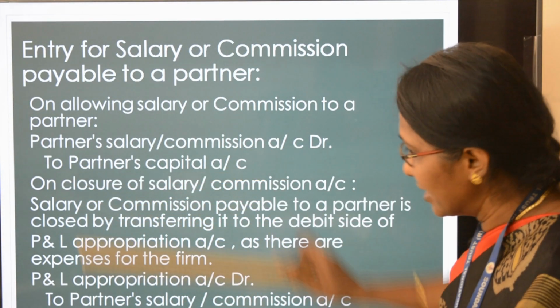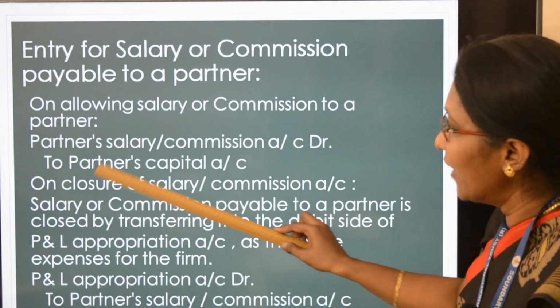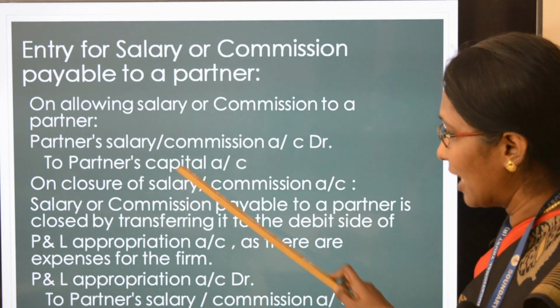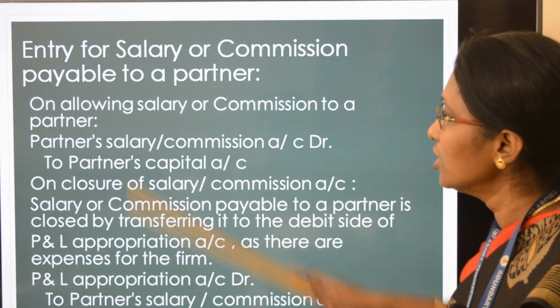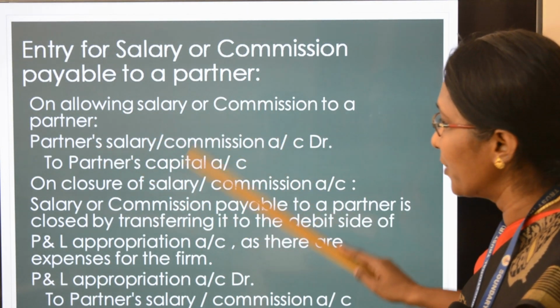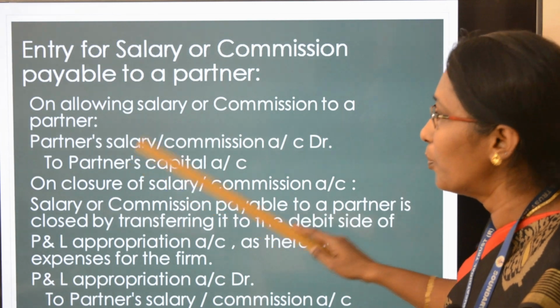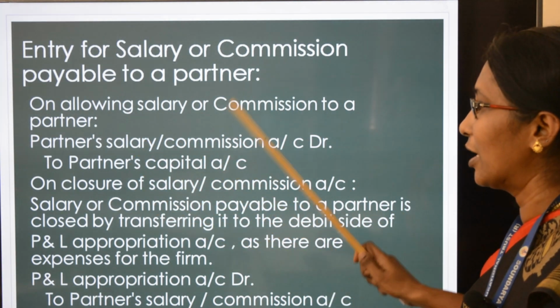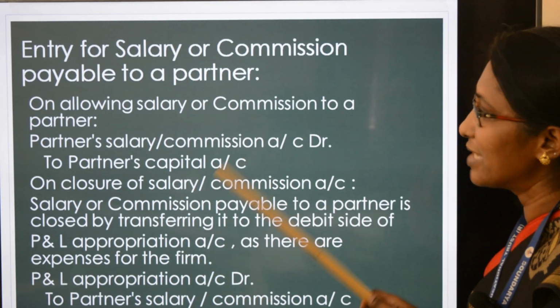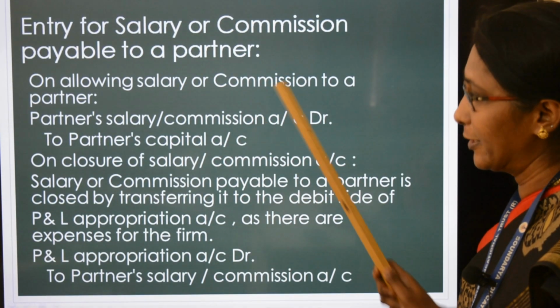So based on this journal, if I prepare partner's capital account or current account, this salary or commission I have to post in credit side because it is an income to the partner.